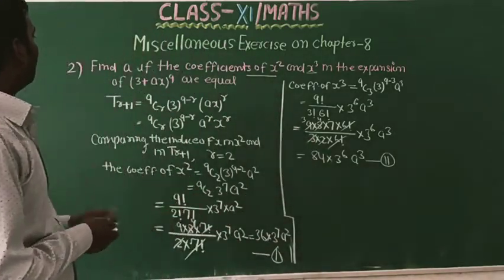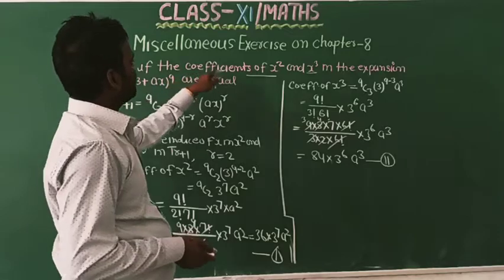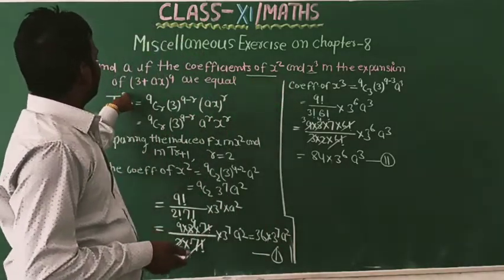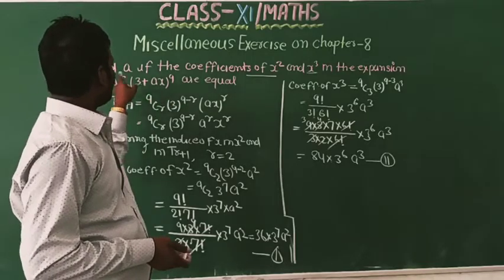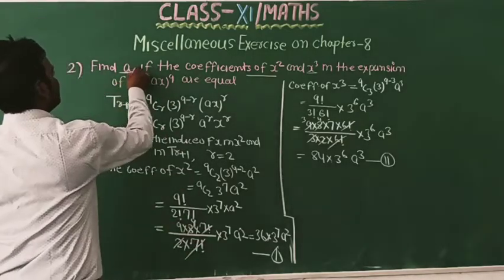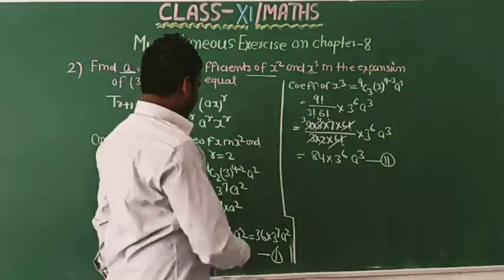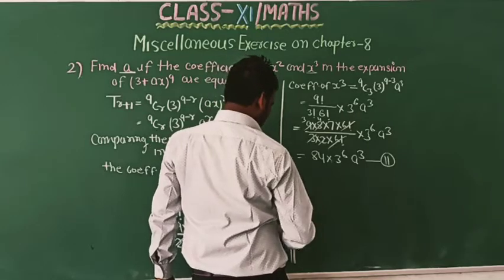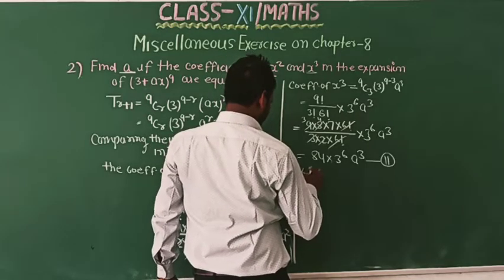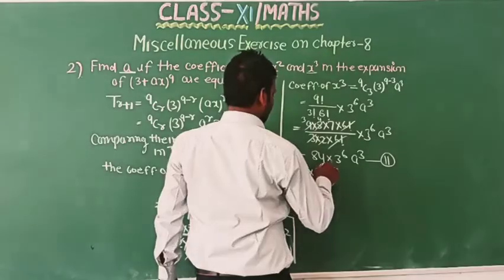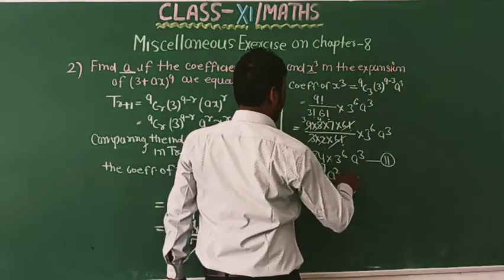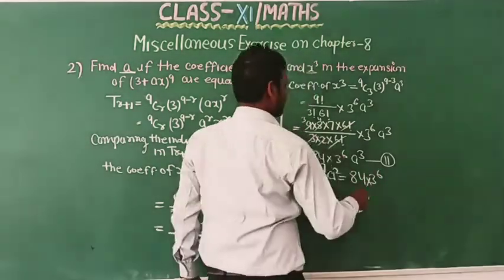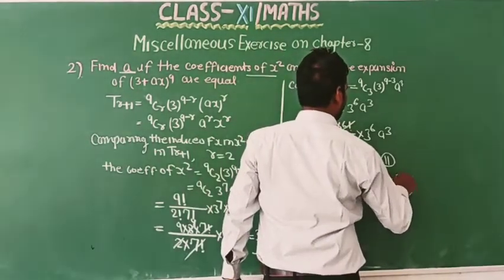Okay, now it is given that the coefficients are equal, and we have to find the value of a. So the coefficient of x square and x to the power 3 are equal. So this is 36 into 3 to the power 7 a square equal to 84 into 3 to the power 6 into a to the power 3.